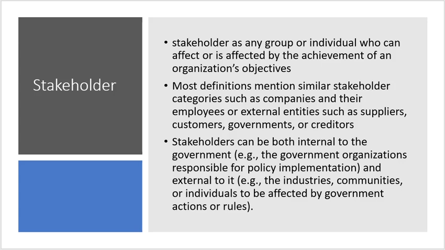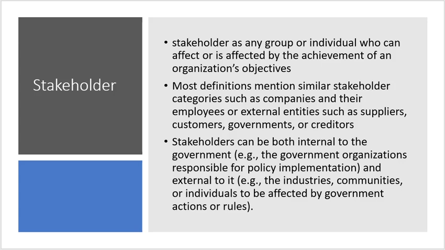Based on the analysis, when we come across several definitions related to stakeholders, the most common types of stakeholders of a business include both internal and external entities, and they are suppliers, customers, government, financial institutes, creditors, and so on. Stakeholders can be both internal and external, as mentioned earlier.